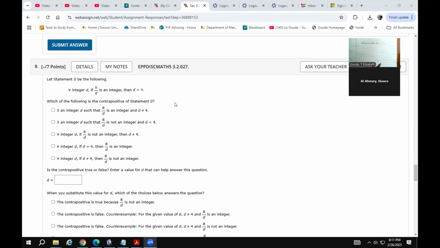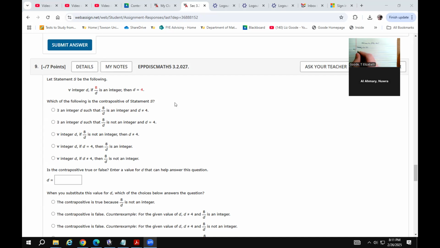It says for number 9, let statement S be the following. For every integer d, if 8 divided by d is an integer, then d equals 4. Okay, so that one is actually the same as mine, isn't it? Yep.